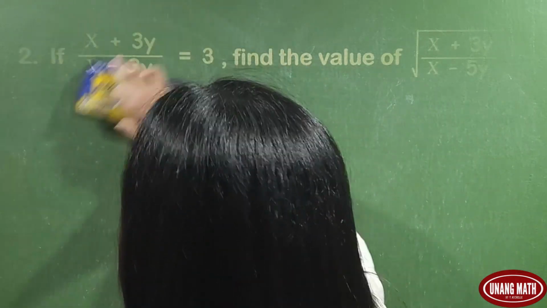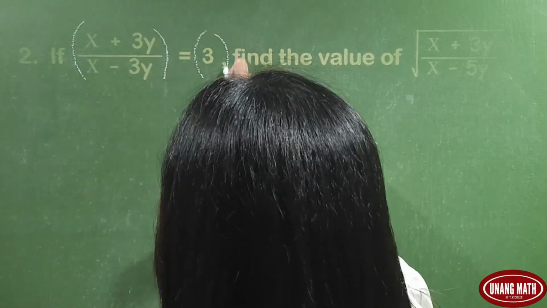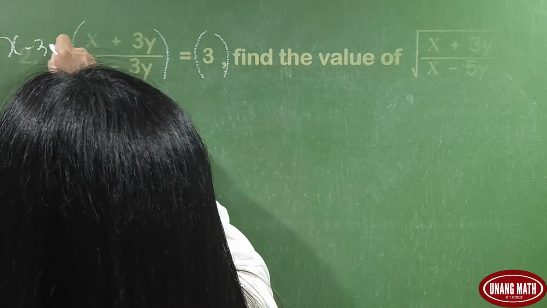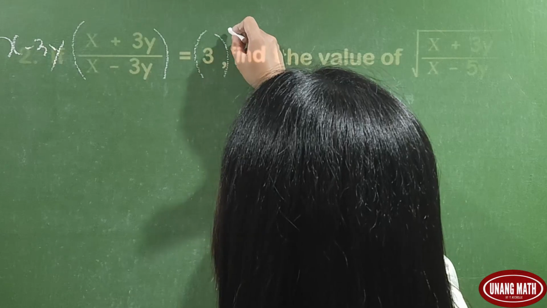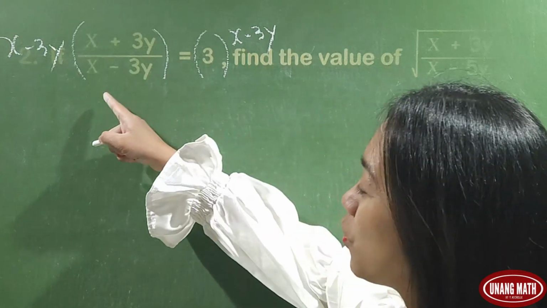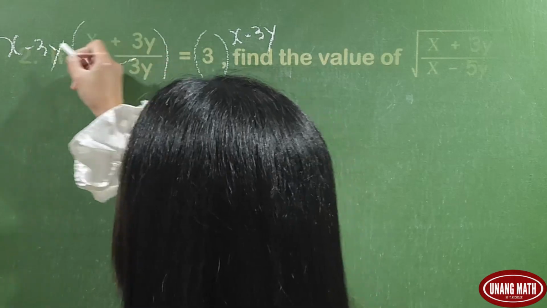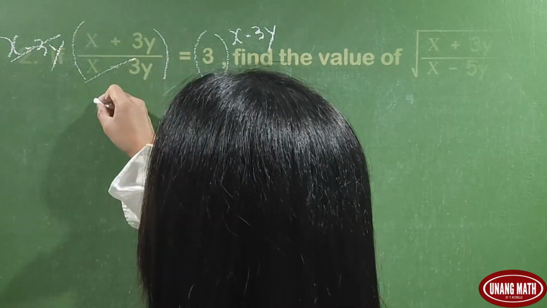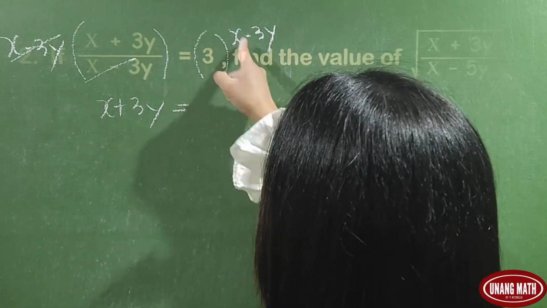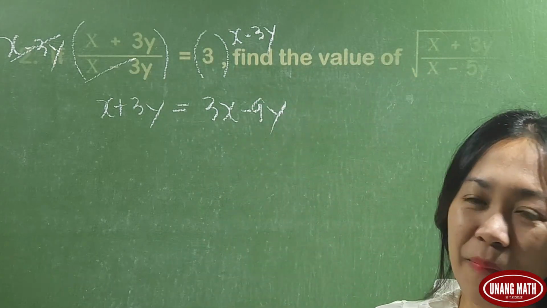Okay, how to find the relationship? We are going to multiply both sides of this equation by x minus 3y. So here, times x minus 3y. Why do we need to multiply x minus 3y to both sides? So, if we're going to simplify, we just have x plus 3y on this side, and this is equal to 3x minus 9y.